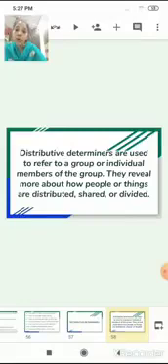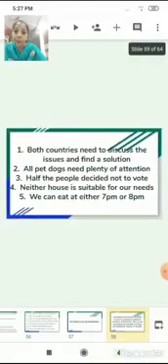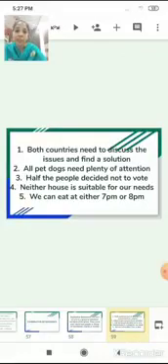They reveal more about how people or things are distributed, shared or divided. Like in these examples, both countries need to discuss the issues and find a solution. So here, both is the distributive determiner used.